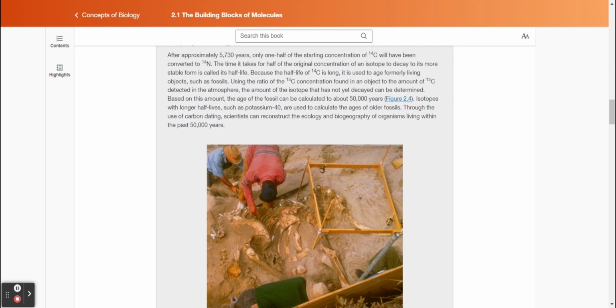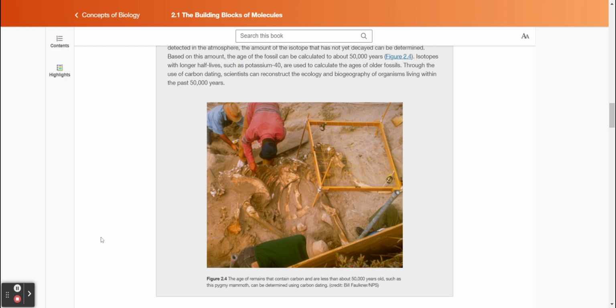Through the use of carbon dating, scientists can reconstruct the ecology and biogeography of organisms living within the past 50,000 years. Figure 2.4. The age of remains that contain carbon and are less than about 50,000 years old, such as this pygmy mammoth, can be determined using carbon dating.